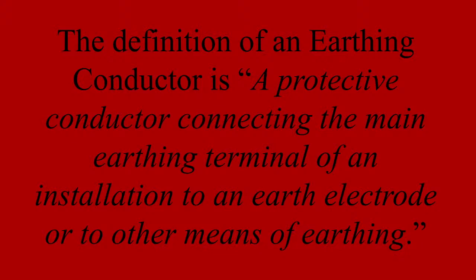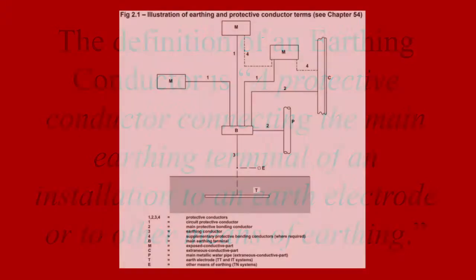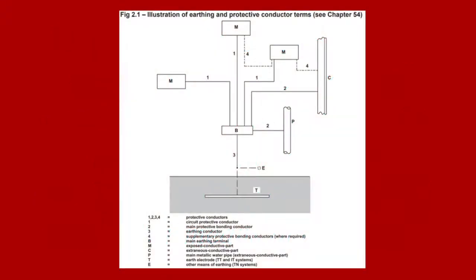And we're actually also fortunate within 7671 to have a diagram that spells out the different types of earthing and protective conductors. So we'd be looking at this conductor right down the bottom, conductor itemized number 3, which we often refer to as the incoming earth.